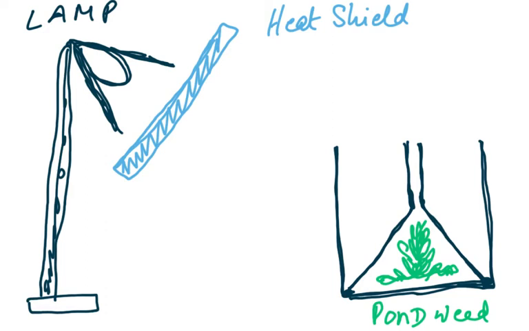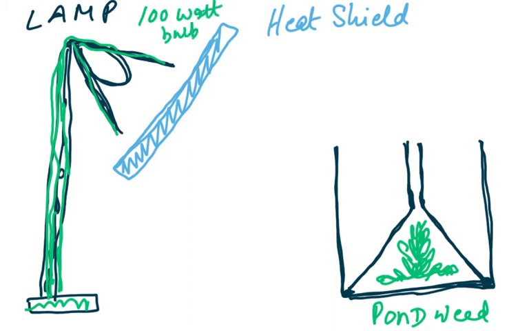And then we place a lamp, and this lamp is a bit crooked, yes, I agree with you. It's not a very pretty lamp, and it has a 100-watt bulb. In front of it we place a heat shield.